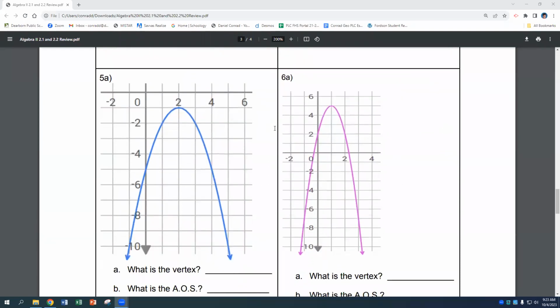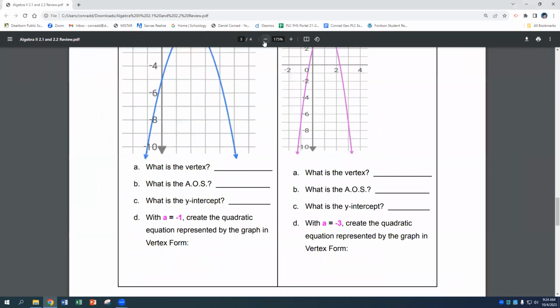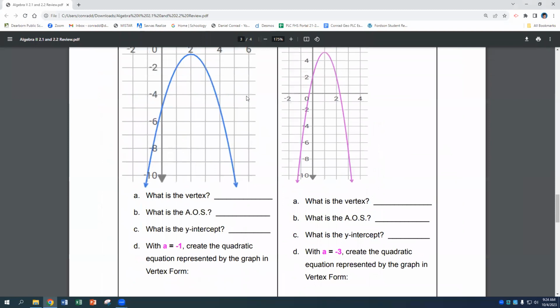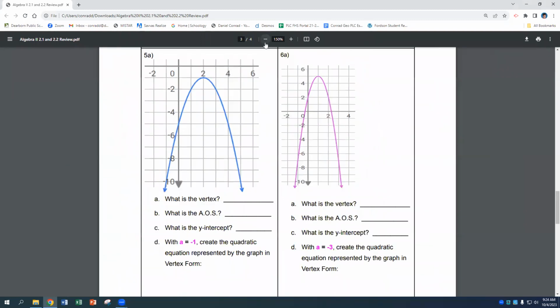Okay, on these, they're giving us the graph, and they want us to fill in this information. Let me zoom out a little more. All right, so vertex form here. I'm sorry, vertex. What's the vertex? The vertex is the maximum or minimum of the parabola. So it's going to be right here.